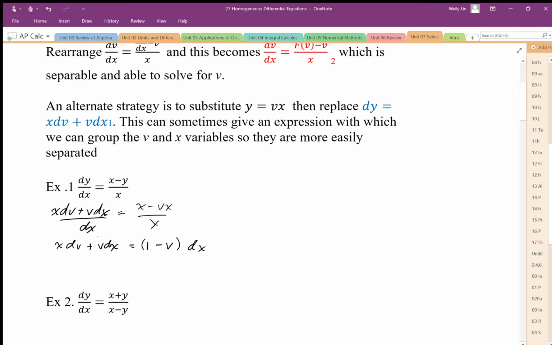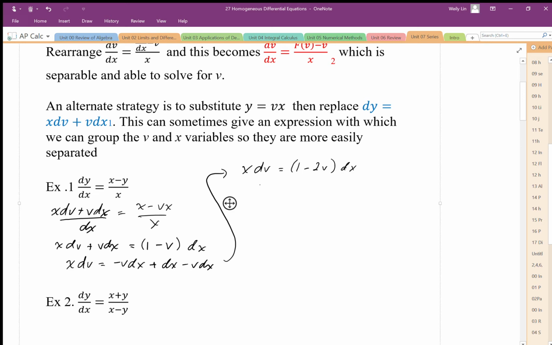So I'll have x dv on this side, I'm going to have minus v dx plus dx minus v dx. So I have minus 2v dx's. Okay, so I end up with x dv on this side is equal to 1 minus 2v, and then we have dx on this side.